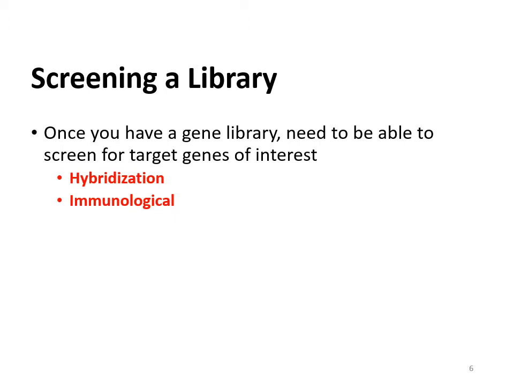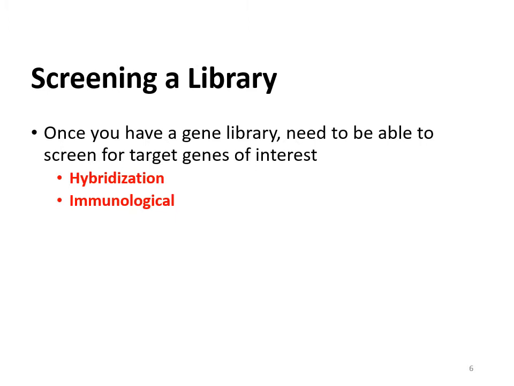So there are two techniques that we can use for screening a gene library. You can use hybridization, or you could use immunological screening. For hybridization, I want you to write down that this is for DNA. You're using DNA probes, single-stranded complements that are nice and sticky, and you're screening the library for the DNA, the actual genes.